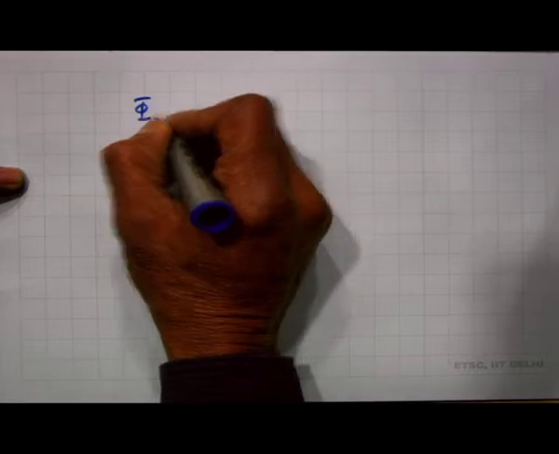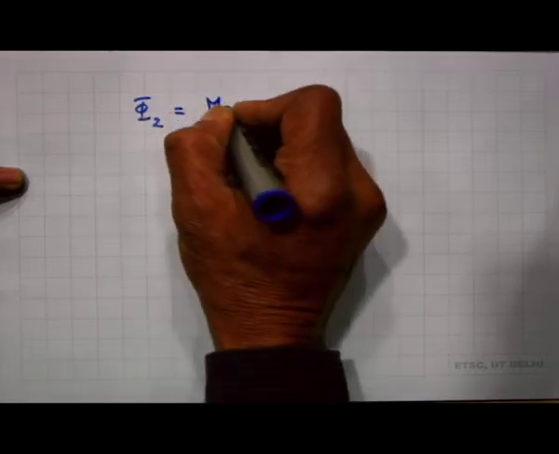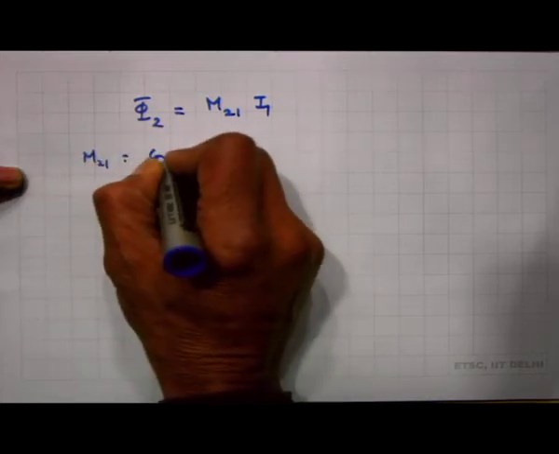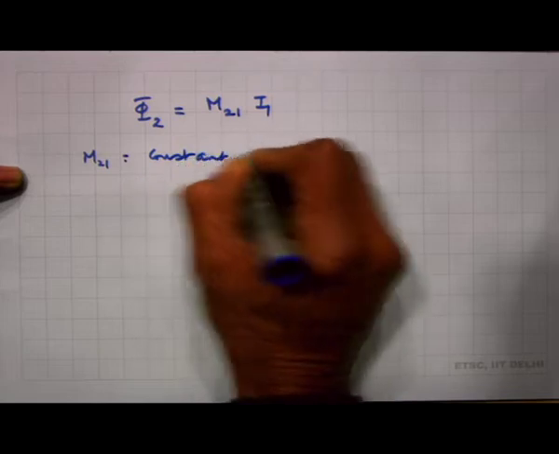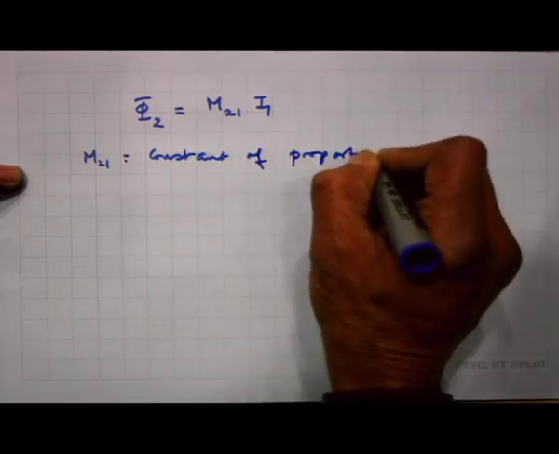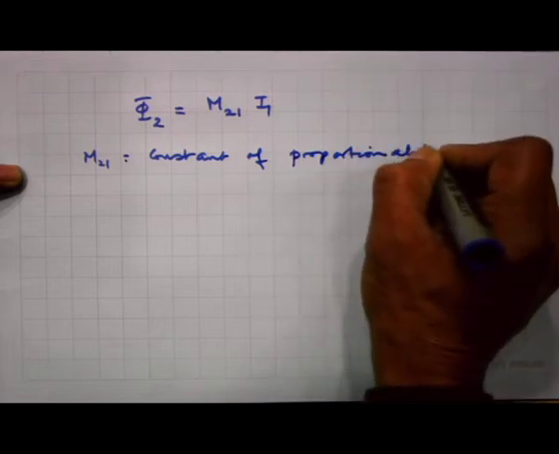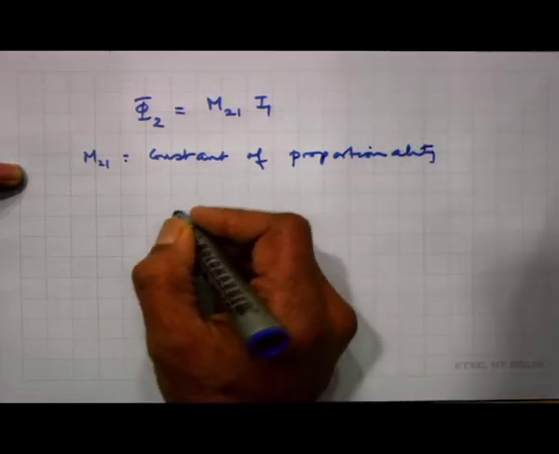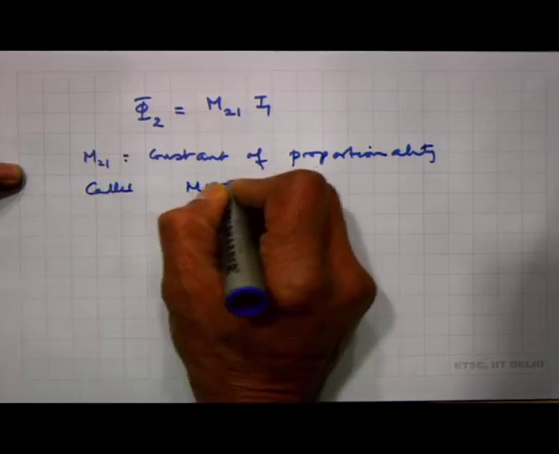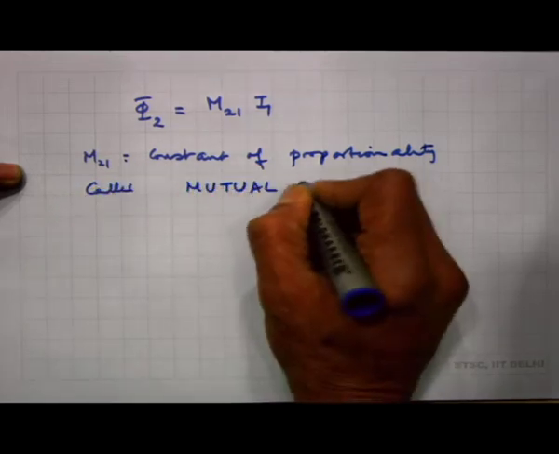So, I can write a relationship: flux through 2 is equal to M 2 1 I 1, where M 2 1 is a constant of proportionality and is called mutual inductance.